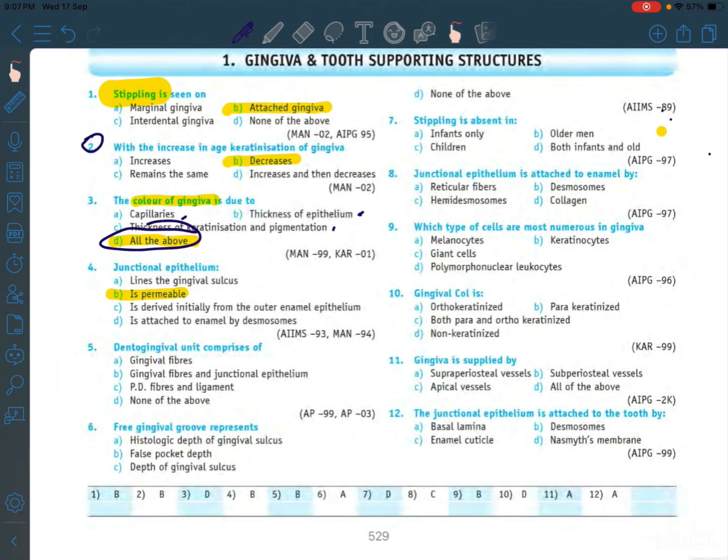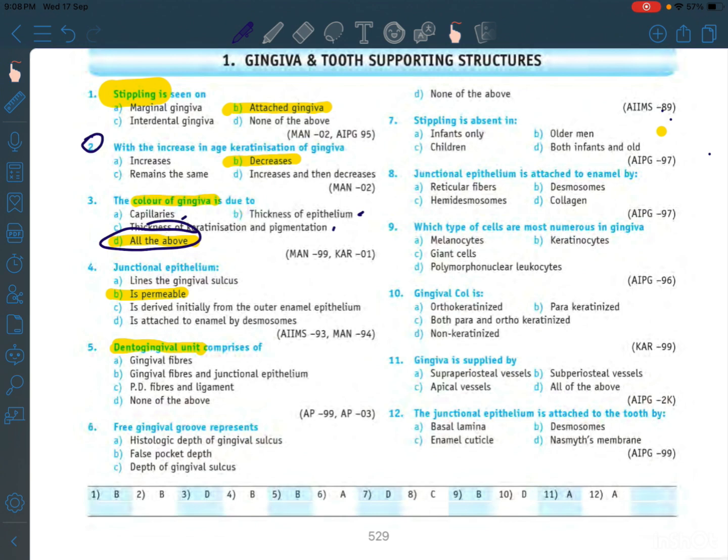Another question is that dentogingival unit comprises of... For that, first of all, you have to understand what a dentogingival unit is. The dentogingival unit is the structural and functional complex formed by junctional epithelium and gingival connective tissue fibers, that is gingival fibers.